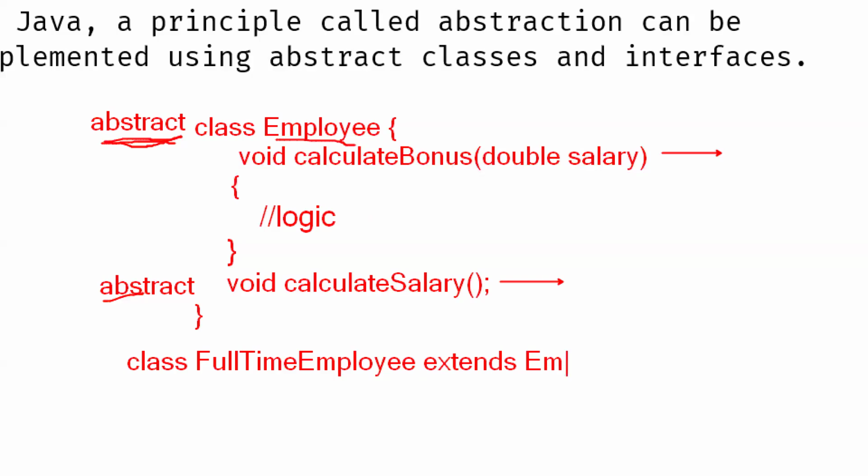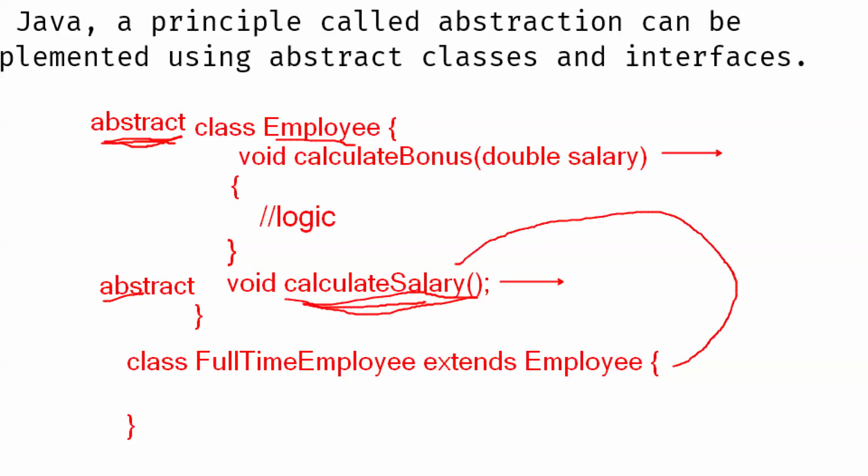Extends is a keyword. Now, is FullTimeEmployee a child class or parent class? Child class. In the child class, I have to override this method. You're defining the method, which means you are overriding the same method. This method you are overriding in this class, am I right or not?